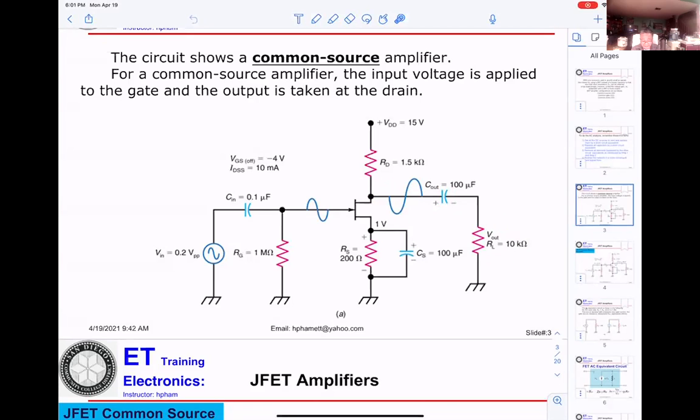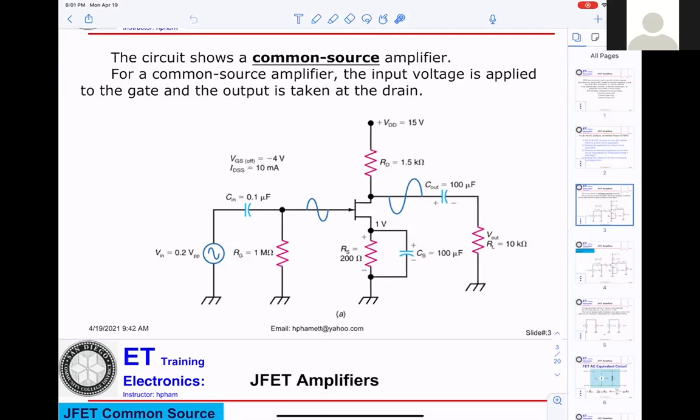Again, I said the load here is like the speaker, and this is like your voice. They don't want your voice adding to the DC voltage to go to the speaker. So that's why it is DC blocking, AC coupling, that capacitor here.